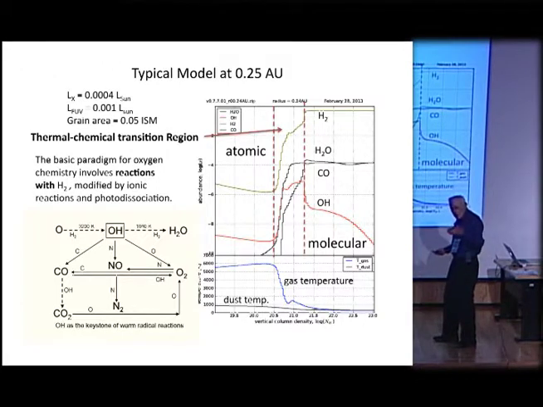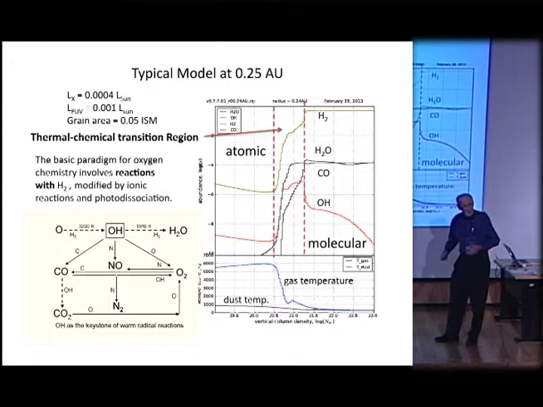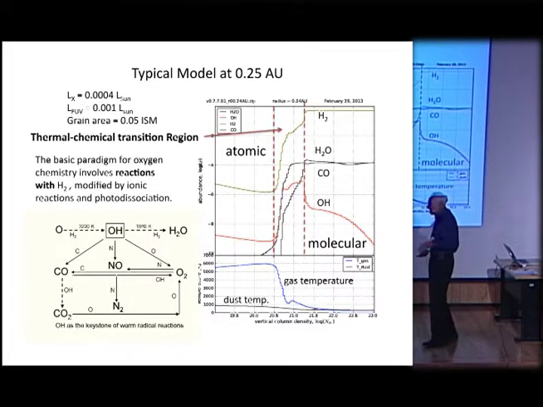So this idea of H2 being the first step, and then OH in some sense being the central player from which many other species are derived, applies both at low temperatures with ion-molecule reactions and here at warm temperatures in protoplanetary disks and other regions like shocks, for example.